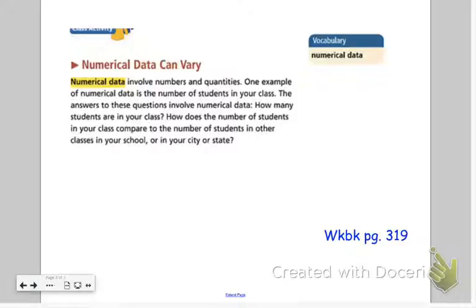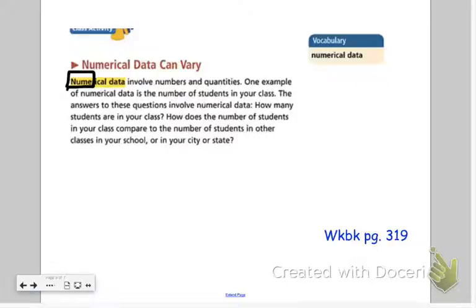So now let's take a look in our workbook. I want you to open your workbook to page 319. We're going to talk about numerical data. And if you look at the word numerical, it probably looks a little familiar because the beginning of it almost looks like numbers, maybe? Numerical data basically involves numbers and quantities.